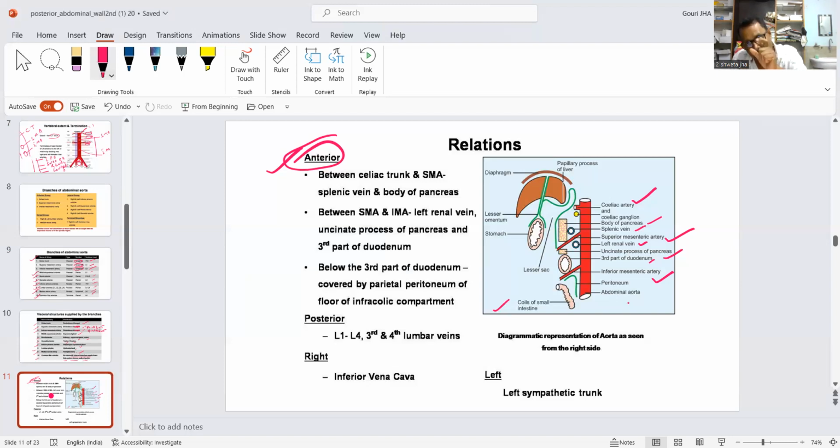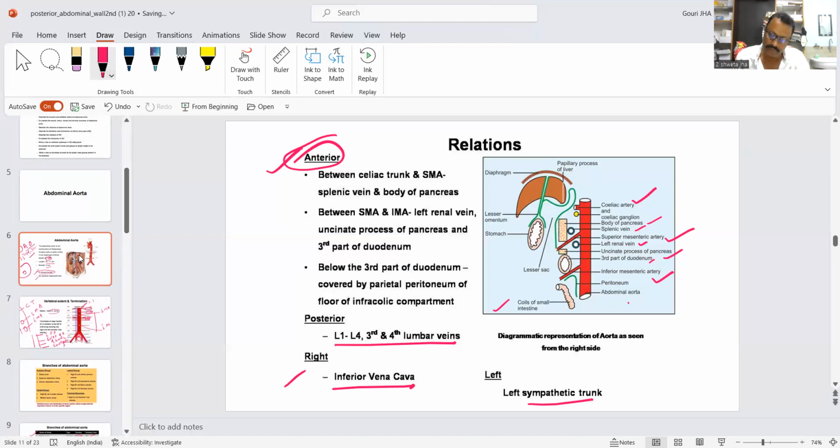So only the part of the abdominal aorta which is below the inferior mesenteric artery is covered by the peritoneum. Posteriorly, it is related to the L1 to L4 vertebrae and lumbar veins, and on the right side we have the inferior vena cava, and on the left side the sympathetic trunk. You could see this in the diagram also.